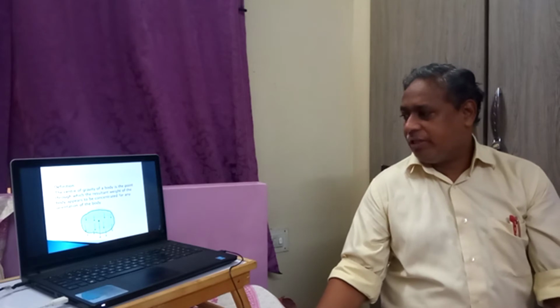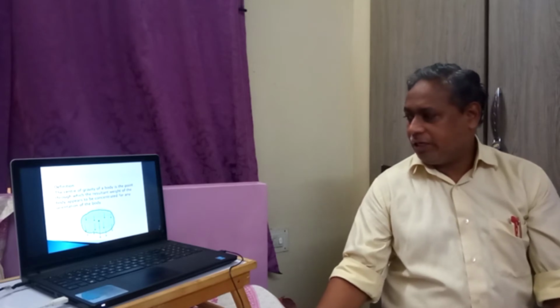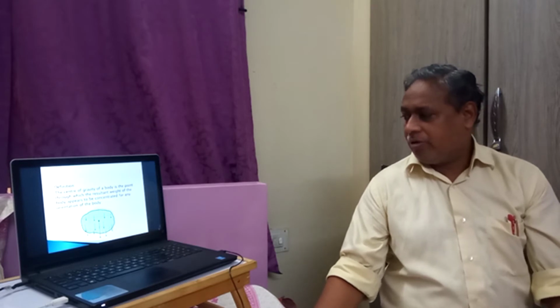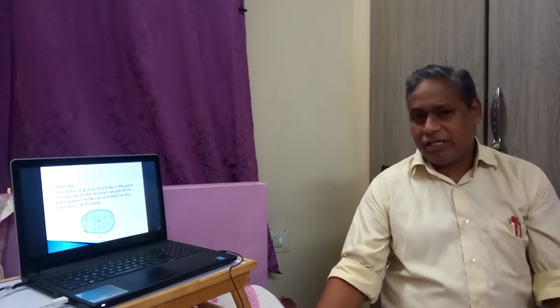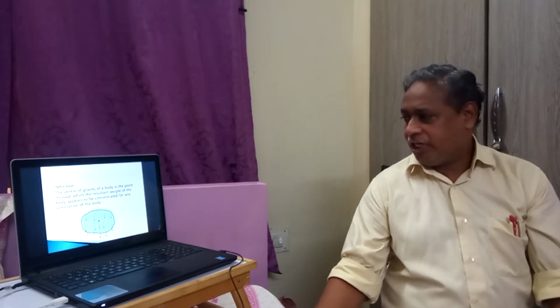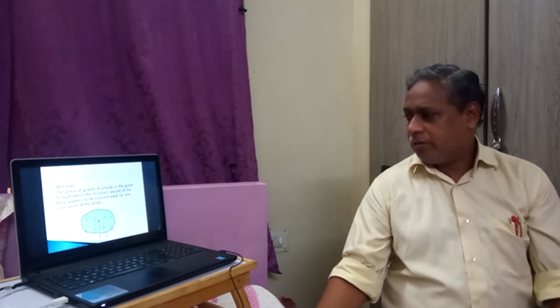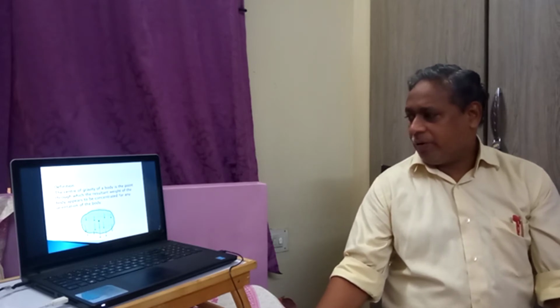Here, if you see this graphic, this figure, some body is there, which is not symmetrical, which is some random shape. If we divide this body into a number of parts, each part has its own weight acting, shown through the arrows.